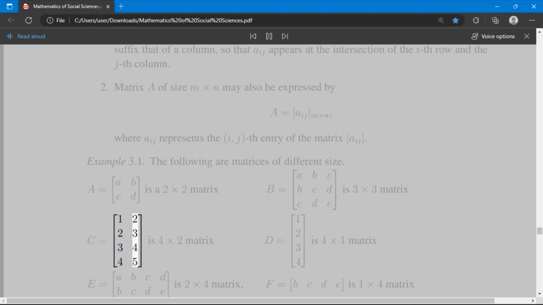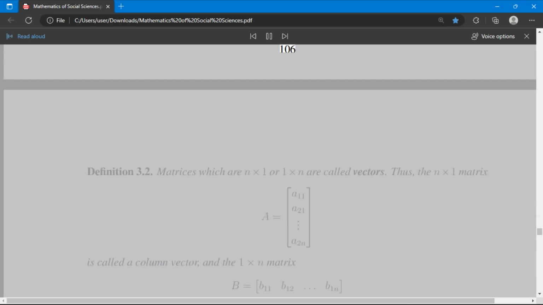C equals 1 2, 2 3, 3 4, 4 5 is a 4 times 2 matrix. D equals 1 2 3 4 is a 4 times 1 matrix. E equals a b c d, b c d e is a 2 times 4 matrix. F equals b c d e is a 1 times 4 matrix.